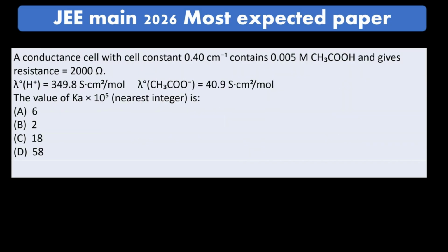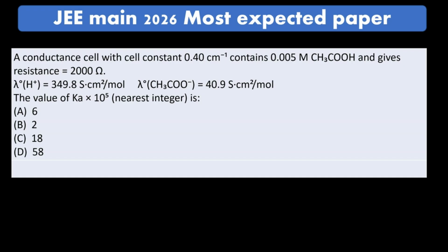A conductance cell with a cell constant of 0.40 contains 0.005 molar acetic acid and gives resistance of 2000 ohm. The value of Ka into 10 to the power 5, what is the nearest integer? Okay.